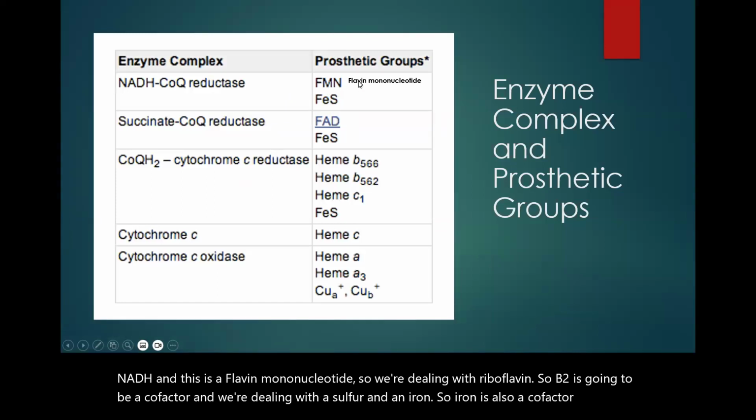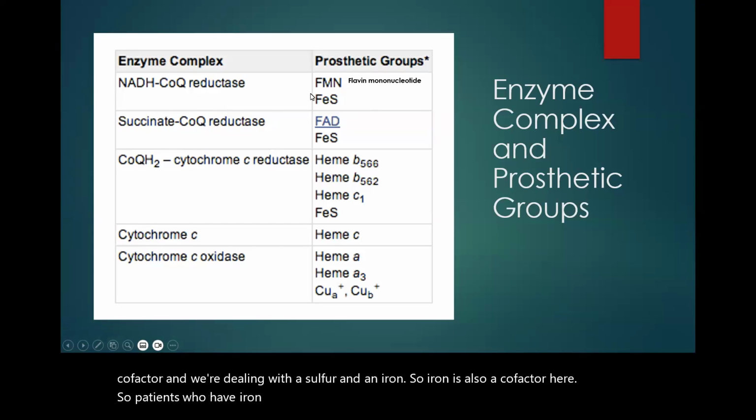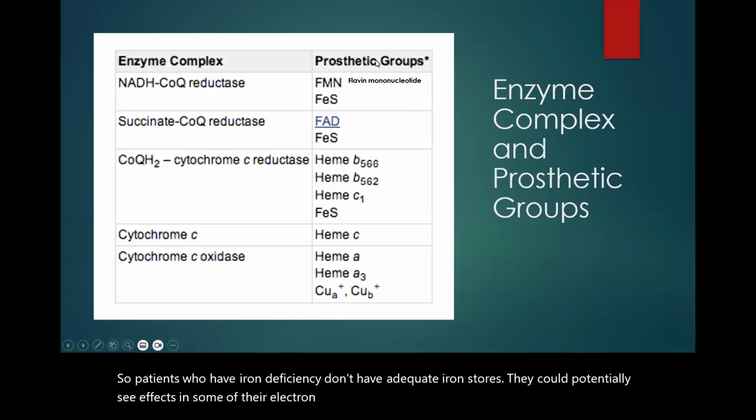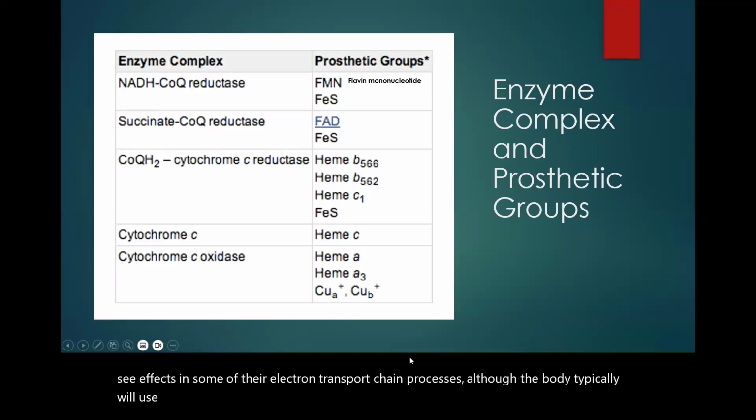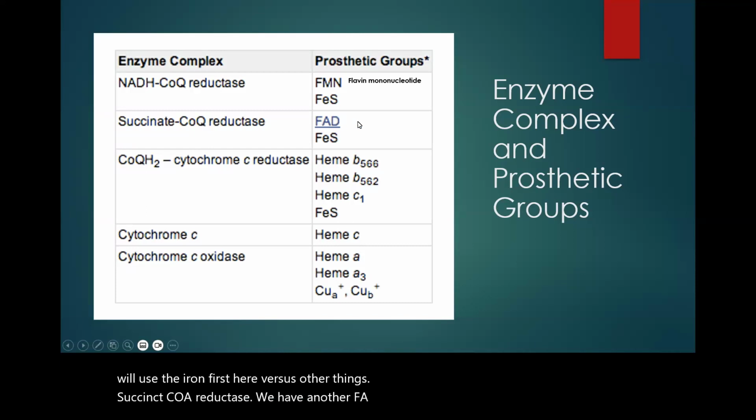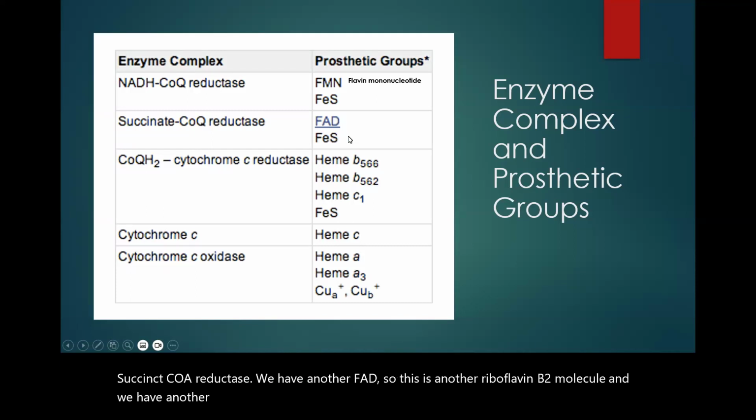So patients who have iron deficiency, who don't have adequate iron stores, could potentially see effects in some of their electron transport chain processes, although the body typically will use the iron first here versus other things. Succinate-CoQ reductase, we have another FAD. So this is another riboflavin, B2 molecule, and we have another iron cofactor.